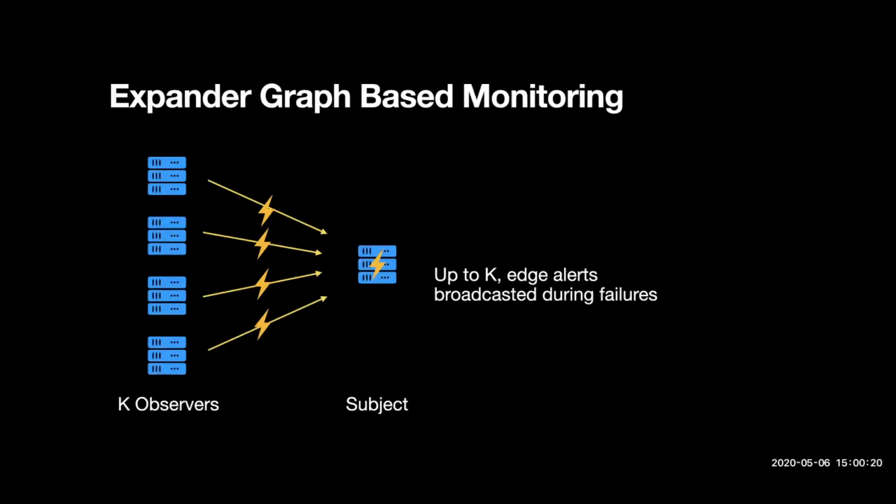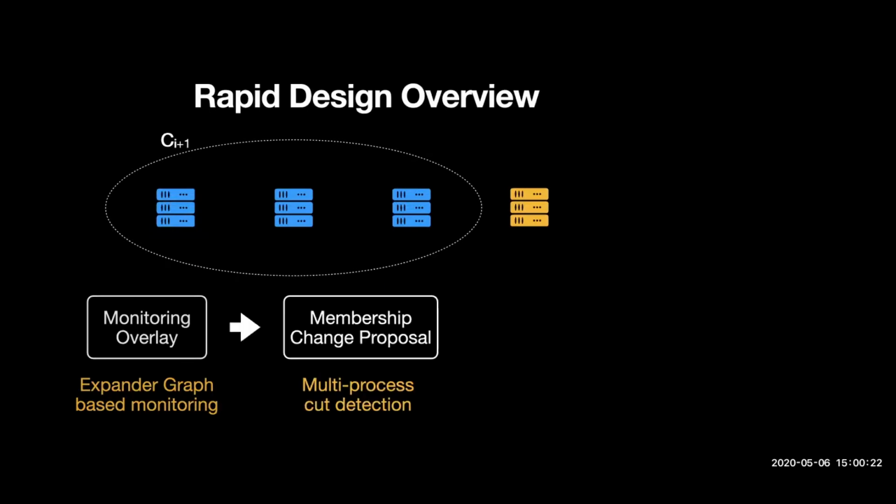So that feeds into the next component of Rapid, which is a membership change proposal. In this, we'll see how the alerts that are generated are converted into a multi-process cut.